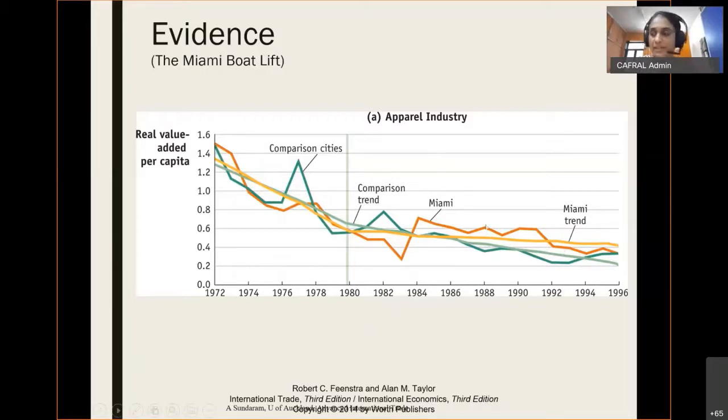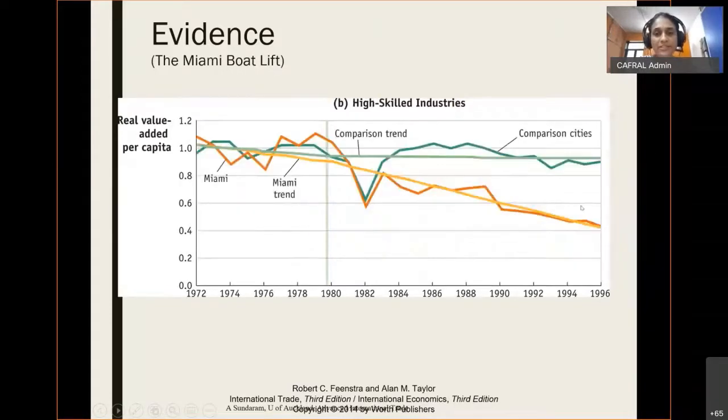So that's consistent with Rybczynski, because Rybczynski will say, if a whole bunch of unskilled people end up in Miami, then sectors that use unskilled labor intensively should expand at the cost of other sectors. So here you have evidence of expansion of apparel. What about other sectors, like high-skilled industries? Let's look at the Miami trend, which is this yellow line, and the comparison trend.